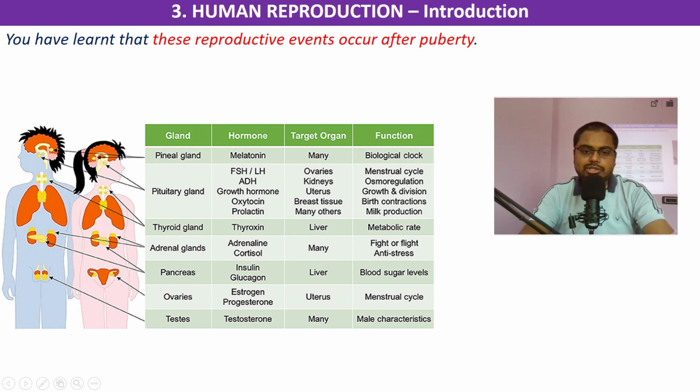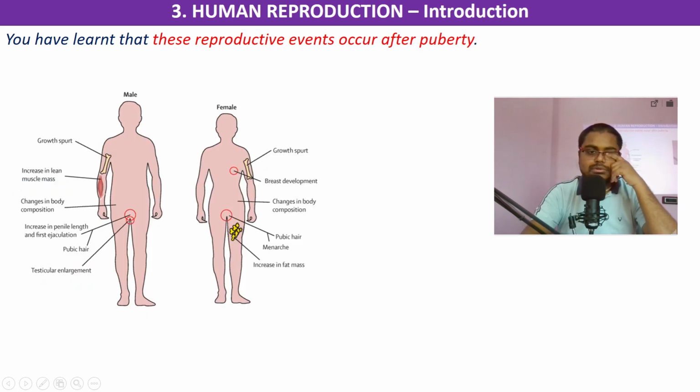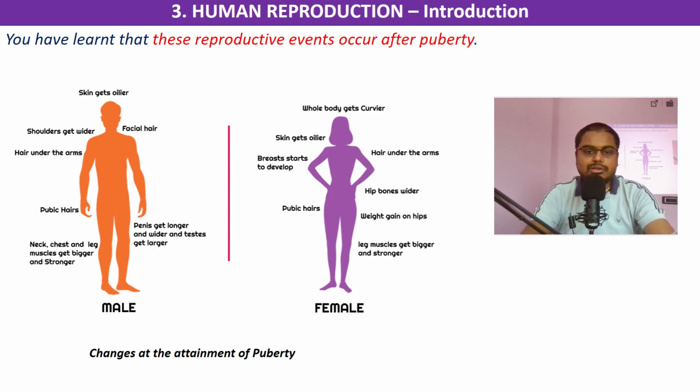And these hormones target specific organs, and the outcome is a particular function which happens. ठीक है, so these reproductive events occur after puberty.